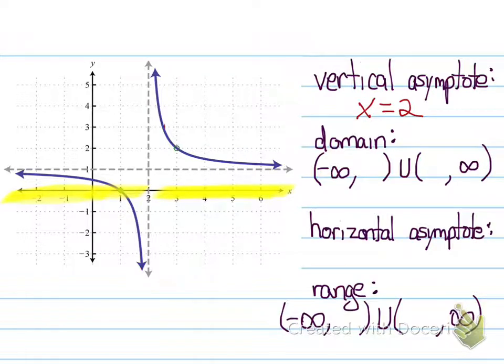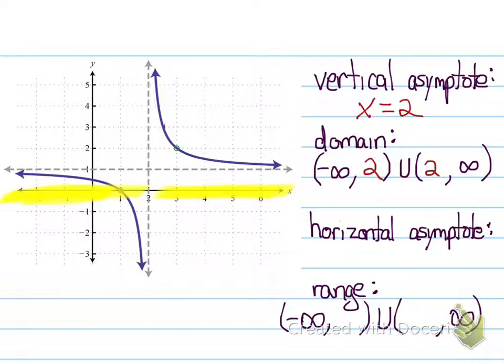So the cheer I usually say in class for the domain is negative infinity to the asymptote, asymptote to infinity. Negative infinity to your asymptote, asymptote to infinity. Your domain is negative infinity, because that's all of these x values over here, to 2, because that's where my asymptote is, union, which means and, 2 to infinity.